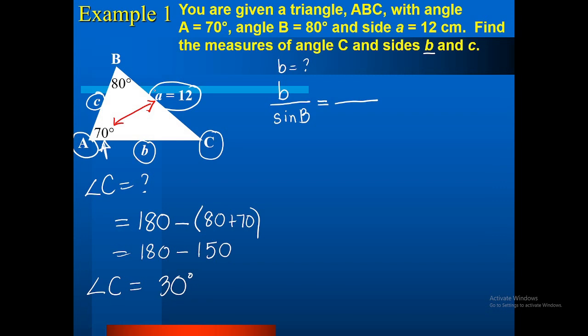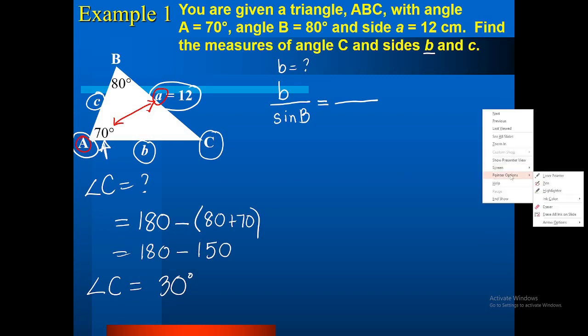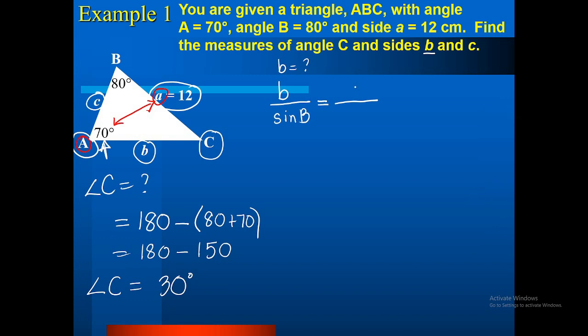Sir, si A man na ug si angle A. Therefore, ang akong gamiton nga ratio ana is simply, let's change the color first. We have a over sine A. So, substituting everything, ang b, sir, ang gipangita, sir, all over. What is the measure of angle B? Look at the problem. Pila ang measure ni angle B?